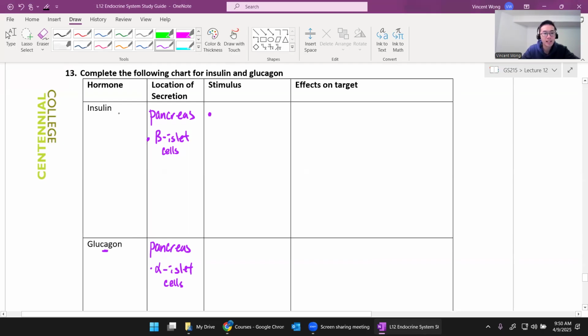When do you need insulin? When you have an increase in blood glucose. After a meal. If you had breakfast before coming to class, you probably have insulin in your system right now. If you did not have breakfast before coming to class, you probably have glucagon instead.